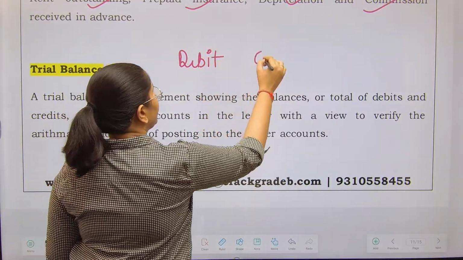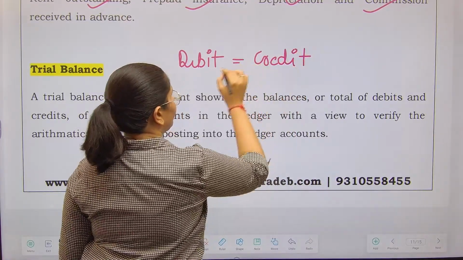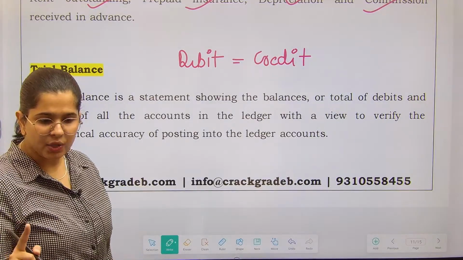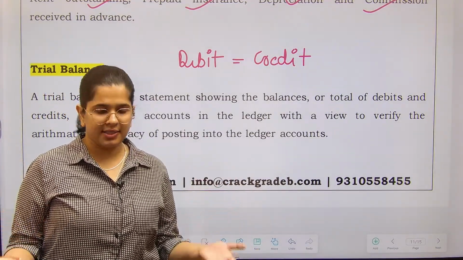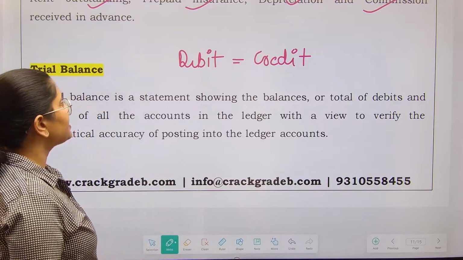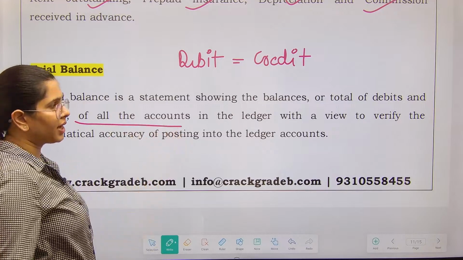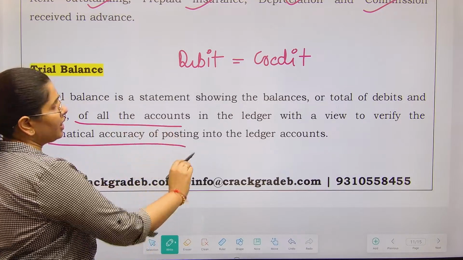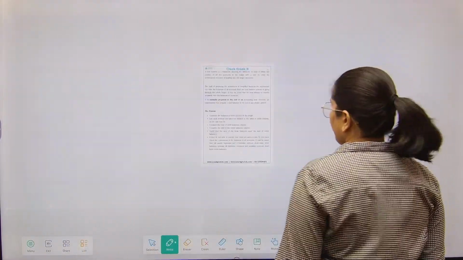I want to see that all my debits should be equal to all my credits. If it is so, then that means I have recorded the transactions correctly. ठीक है? So a trial balance is a statement showing the balances or totals of debits and credits of all the accounts with a view to verify the arithmetical accuracy of posting into the ledger accounts.